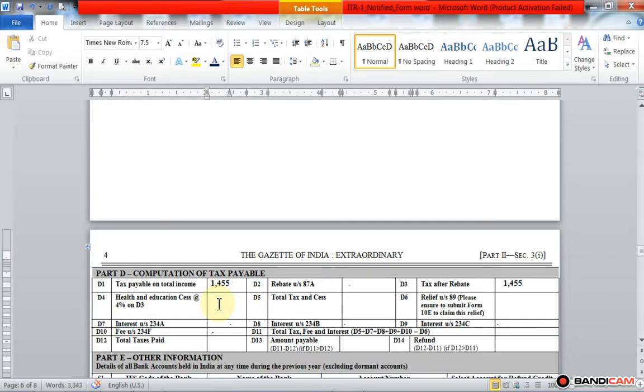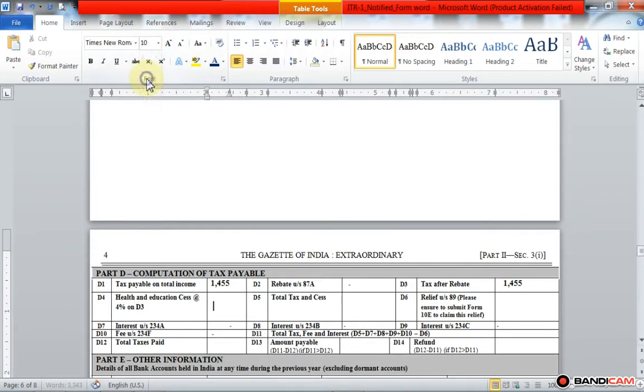4% cess on tax after rebate, that is 58.2, it means 52.